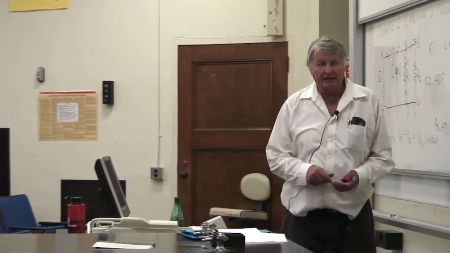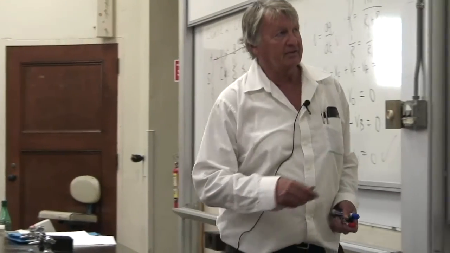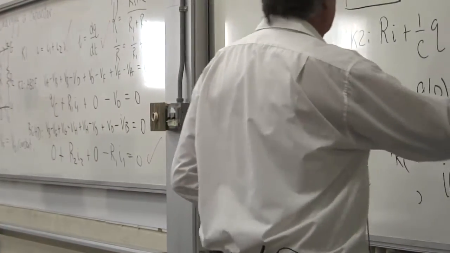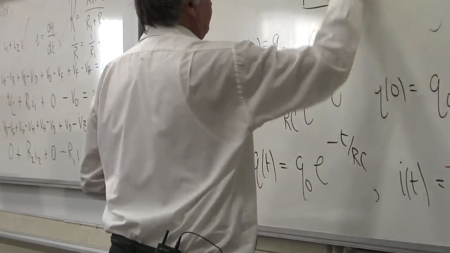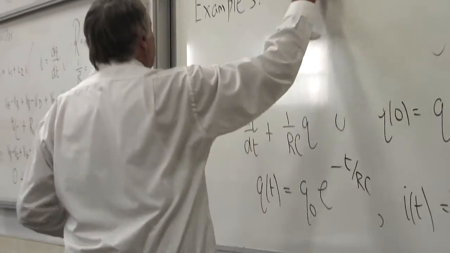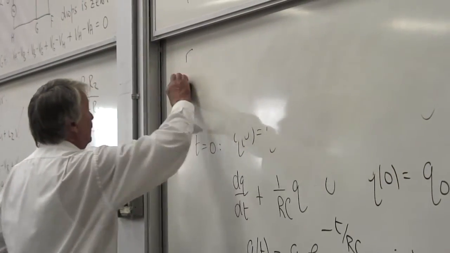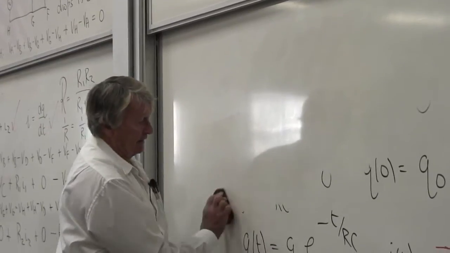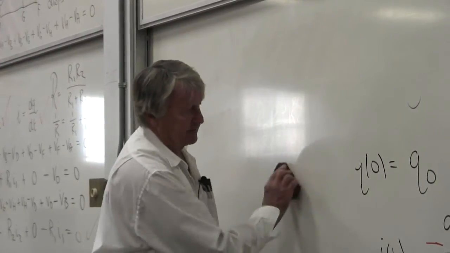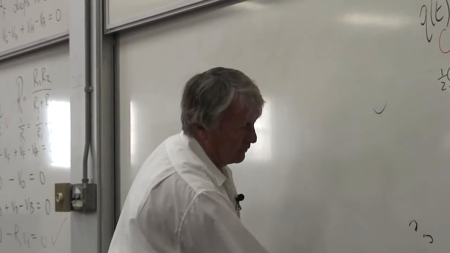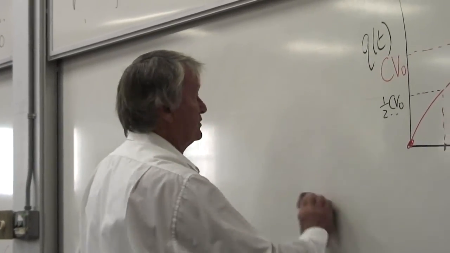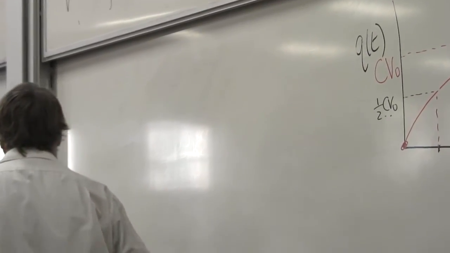Okay, final example. Final example is the LRC circuit. Now, we don't have the equipment to solve this one yet, but we soon will. Towards the middle of the second part of the course, we'll have learned how to solve the equations in this case.